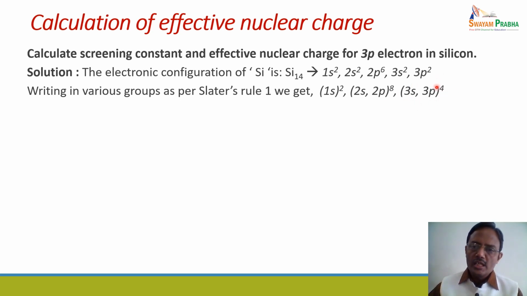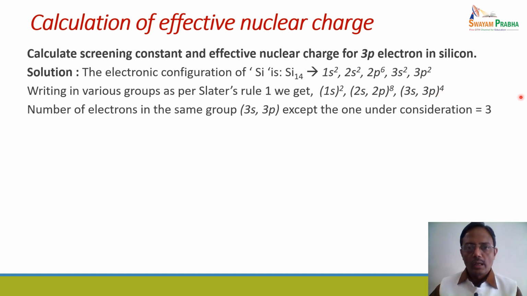Out of these 4 electrons, 1 electron is under consideration. So the remaining electrons in the same group 3s3p are 4 minus 1, which is 3.